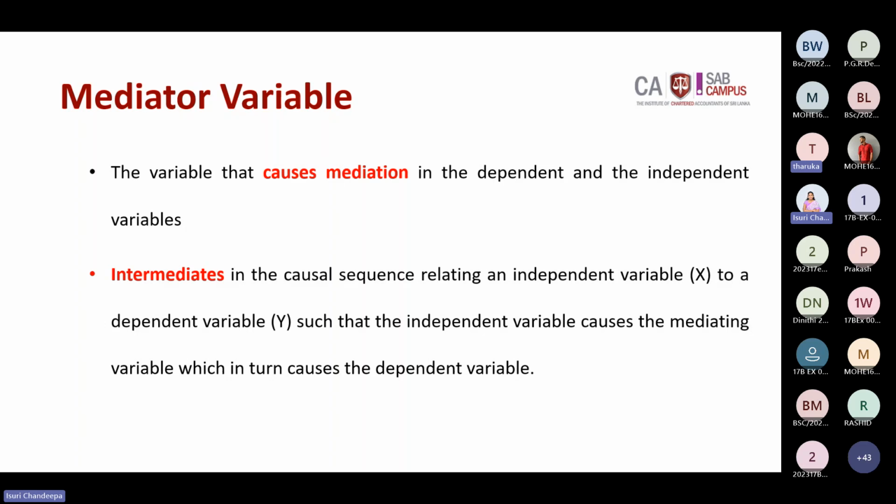That means the mediator creates a surface between the independent and dependent variable. Or else the mediator variable acts as an intermediary between the dependent variable and the independent variable.